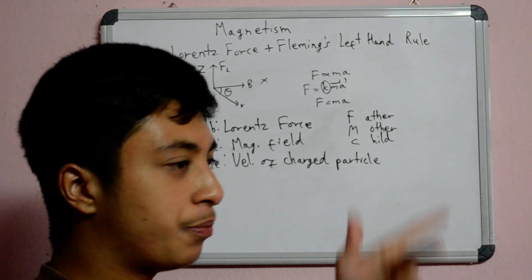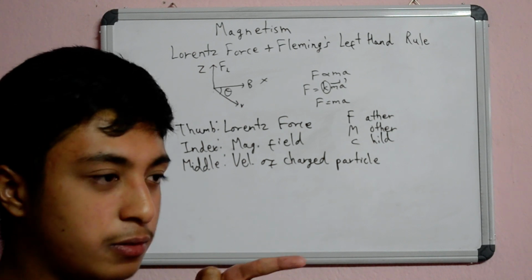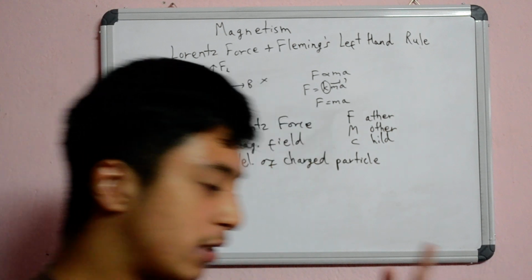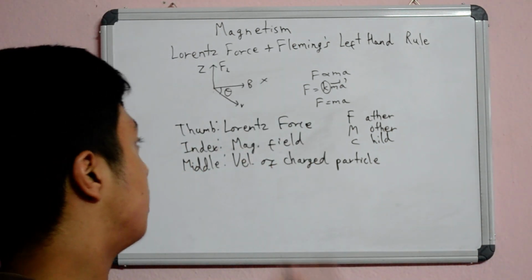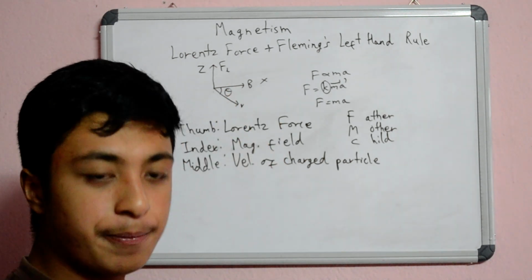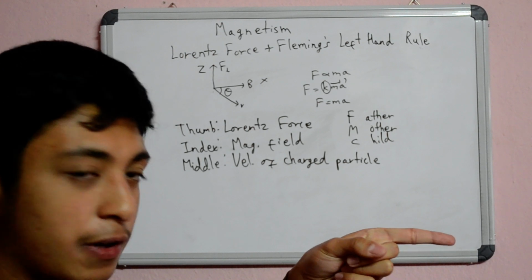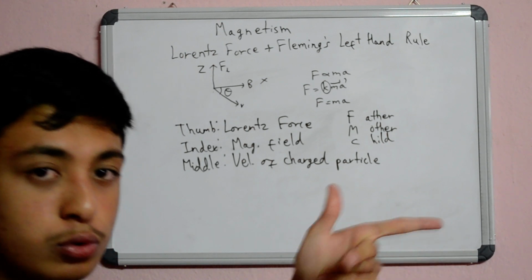And here at home, I want you guys to try finding the Lorentz force due to your own directions of the magnetic field and the velocities. Let's say the magnetic field goes like this, the velocity goes like this, the Lorentz force goes like this from down to top.